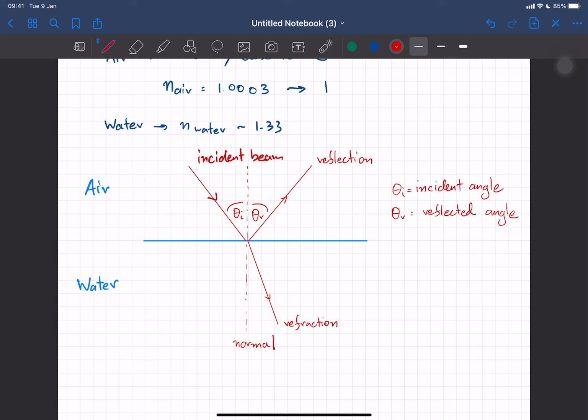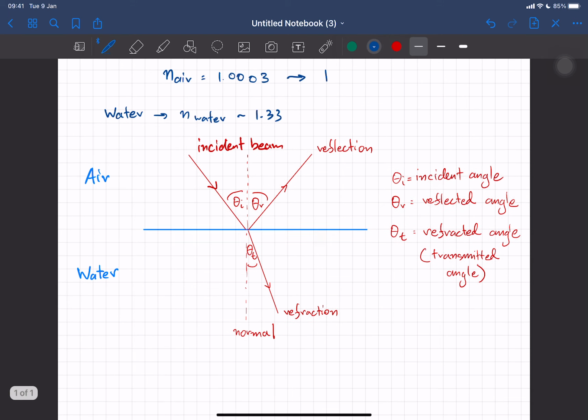And then we have this one, we will call theta T, because we cannot use theta R, that's already used for the reflected angle. So theta t is the refracted angle, or t comes from transmitted light, the transmitted angle. Okay, three angles like this.